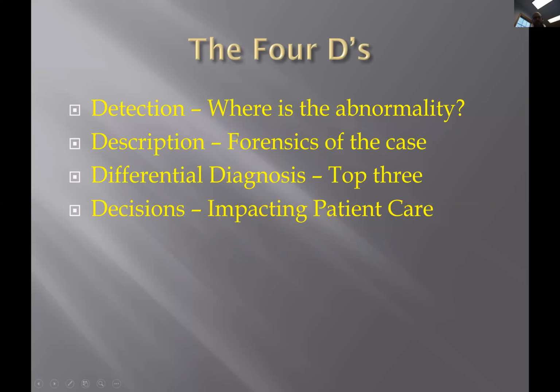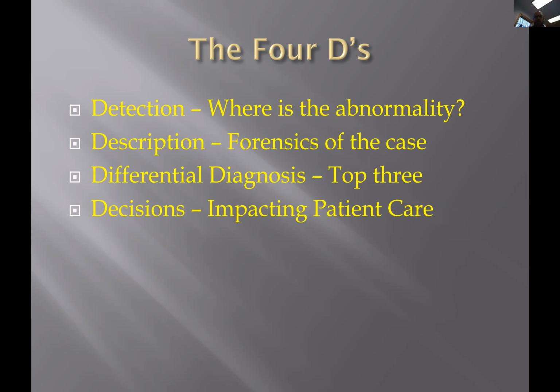All right, just as a reminder, the kinds of questions I'll be asking you really are going to be the 4 Ds. We're going to have some cases where I just stop and you unmute yourself and tell me where you think the abnormality is. You don't need to tell me what it is on those detection questions, but just say, I think that the right femoral neck looks strange.